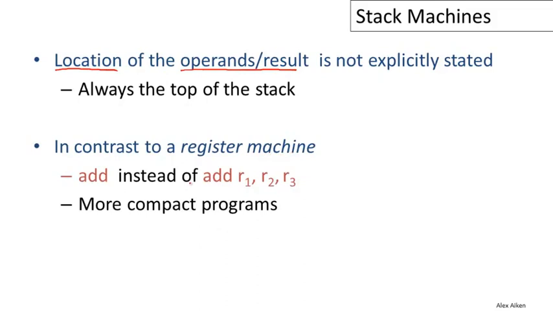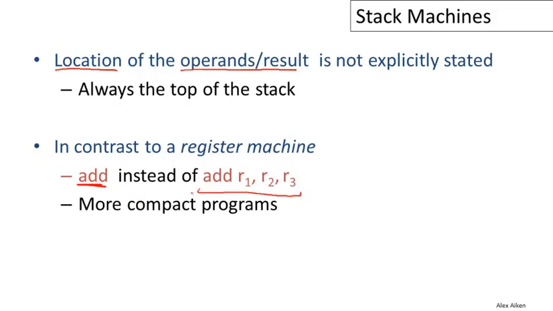For example, you might be familiar from seeing some machine code or assembly code in the past that an add instruction might typically take 3 registers: 2 for the register arguments that are going to be added together, and 1 for the destination for the result. Whereas in the stack machine, we just have a single word add and no explicit naming of the arguments, because it's fixed where the arguments will come from. The arguments will always be popped from the stack, and the result will always be placed back on top of the stack.